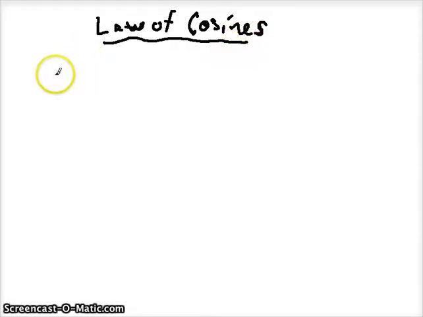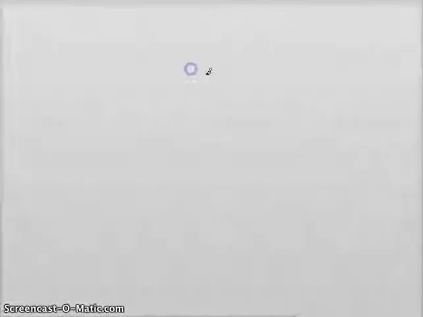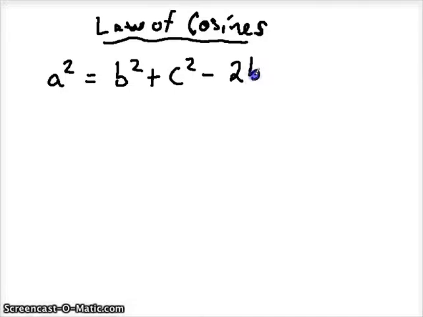For this, we've got three fairly long formulas. One of them looks like this. In general, the lowercase letters are going to symbolize your side lengths, and this capital letter is going to be an angle measurement.